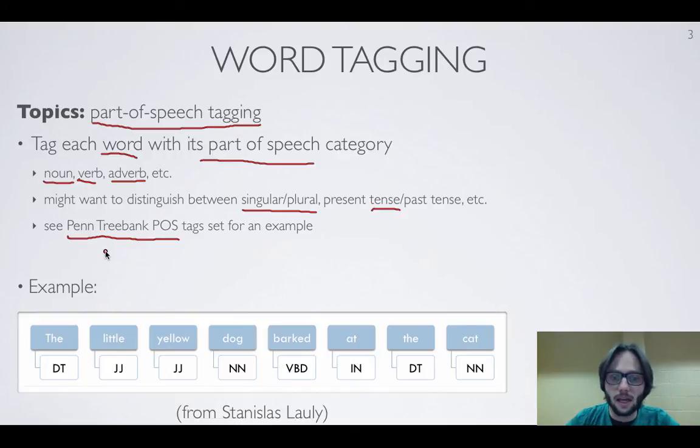Usually when you get a data set, the tag set is defined either by referring to the Penn Treebank tag set, or it will be defined for this particular data set, but usually you don't really get a choice when you just take a data set from the web to train a model. So here we have an example: in the sentence, the little yellow dog barked at the cat, we've identified that barked is a verb, dog is a noun, yellow is an adjective, and so on.